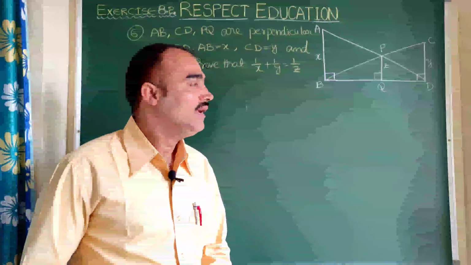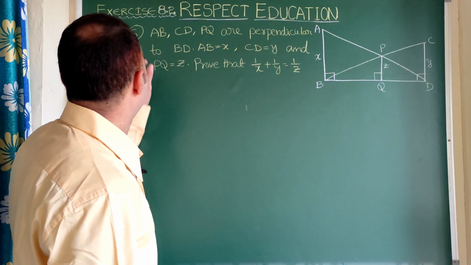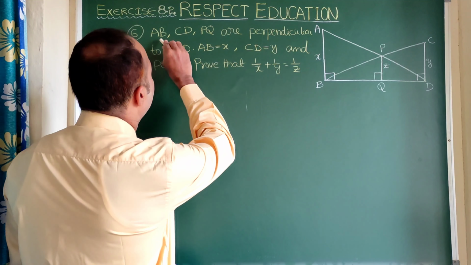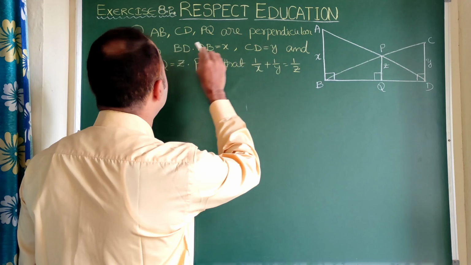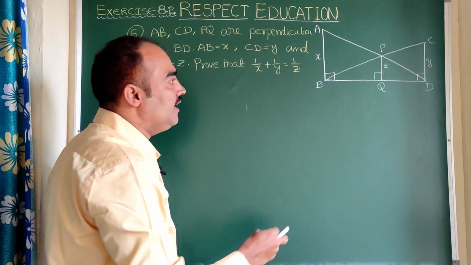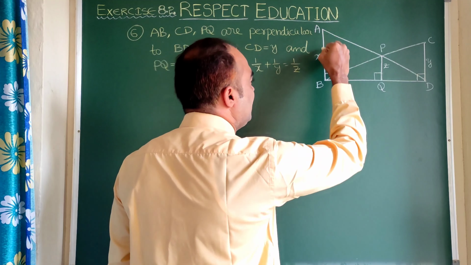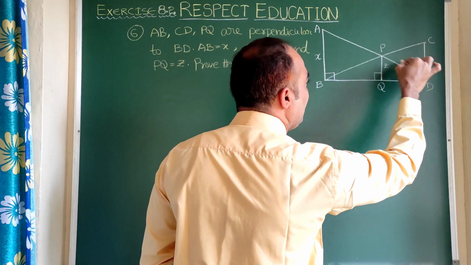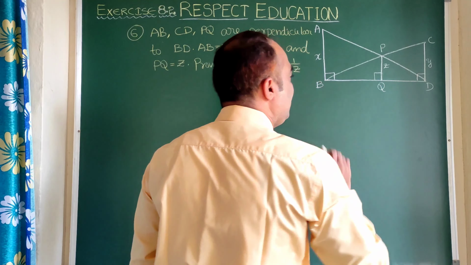Now let us see exercise 8.2 question number 6. AB, CD, PQ are perpendicular to BD. Let us observe the diagram here. AB, CD and PQ, these three are perpendicular to BD.